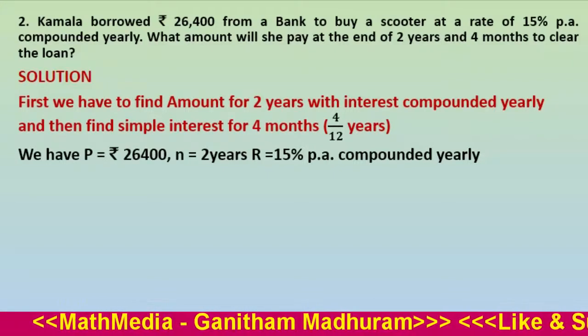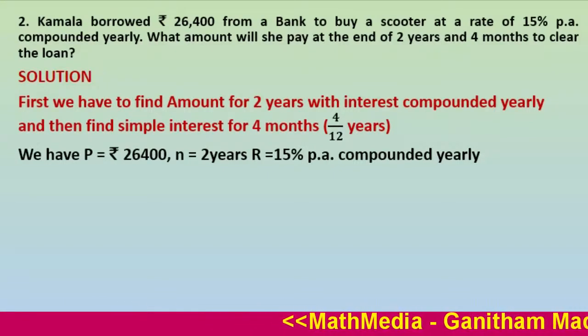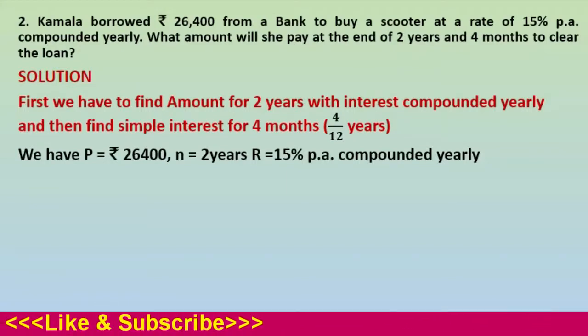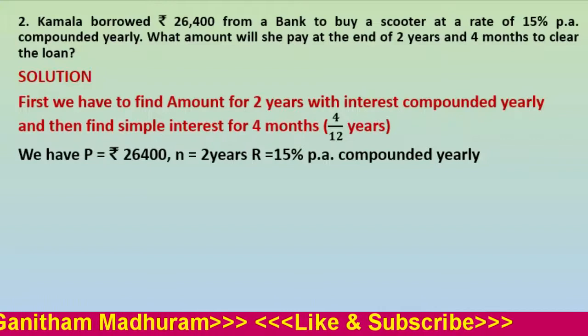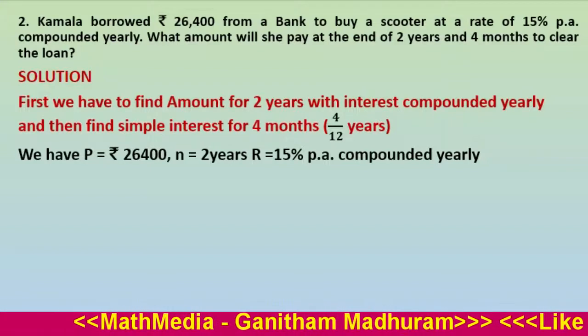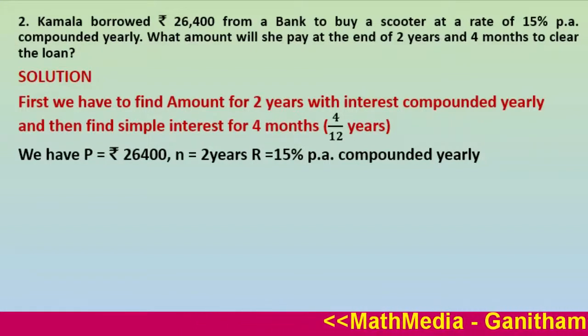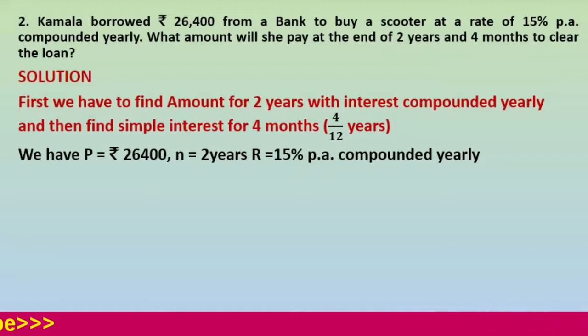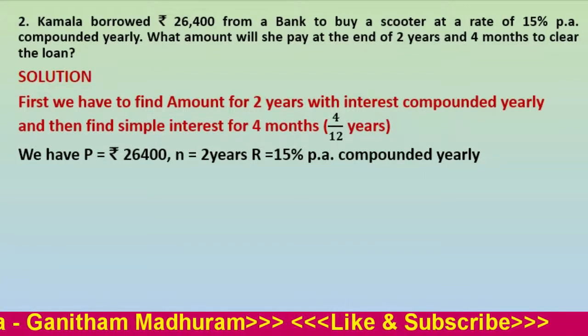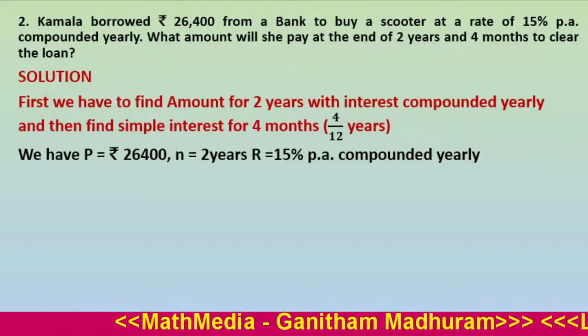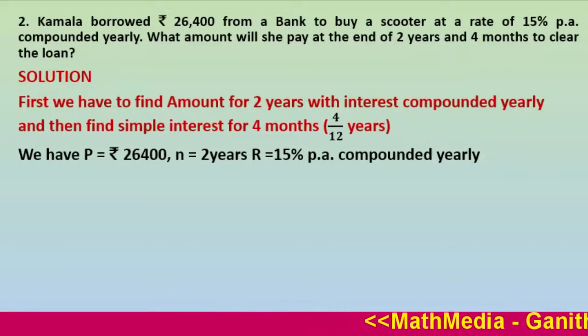So R equal to 15% per annum compounded yearly. What amount will she pay at the end of 2 years and 4 months? So here the time period is given as 2 years and 4 months. We have to calculate the compound amount to be submitted.